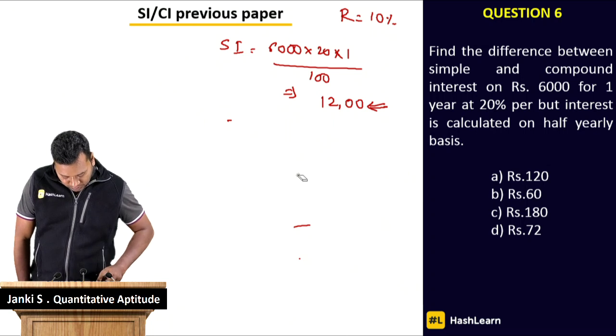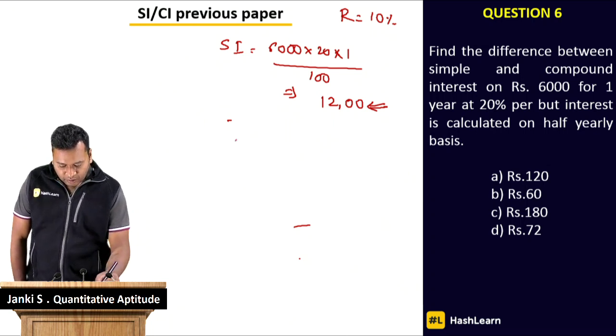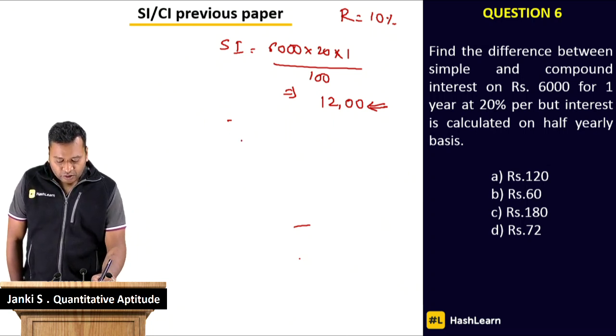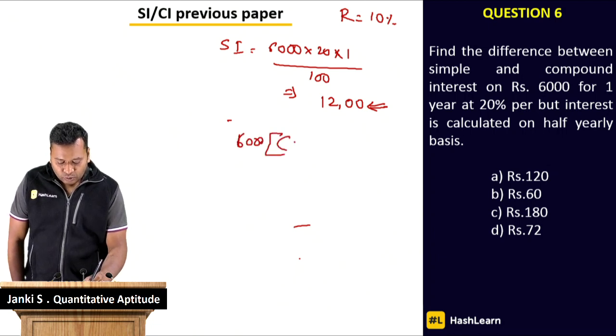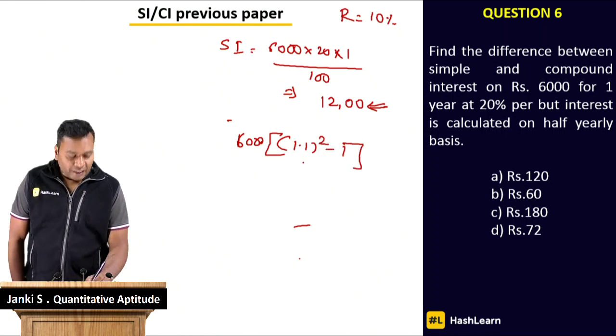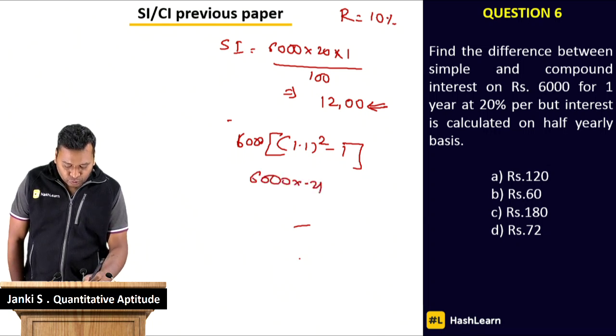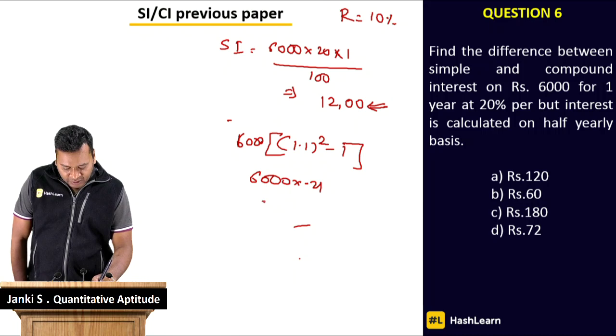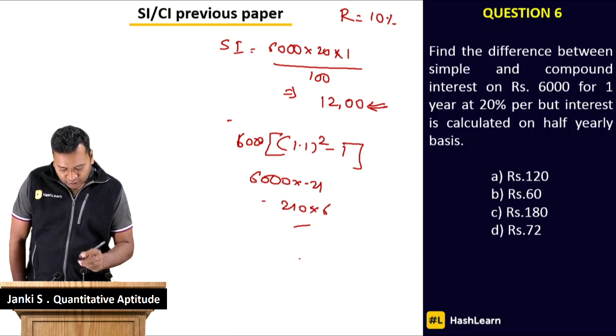Alright, so let's talk about this value. The value now is nothing but 6,000 into 1.1 raised to 2 minus 1. So 11 squared is equal to 121. So that's equal to 6,000 into 0.21, which can be written as 210 into 6.